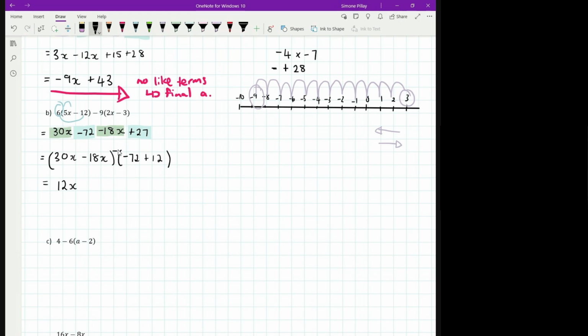And it can get a little bit confusing to say, well, am I minusing it? Am I adding it? So let's just avoid the brackets and not use them to confuse ourselves. All we do is put them next to each other. Yes, so then the brackets don't confuse us with any multiplication, and 30x minus 18x did give us 12x. And then just next to it we have negative 72 plus 27, which gives me what?